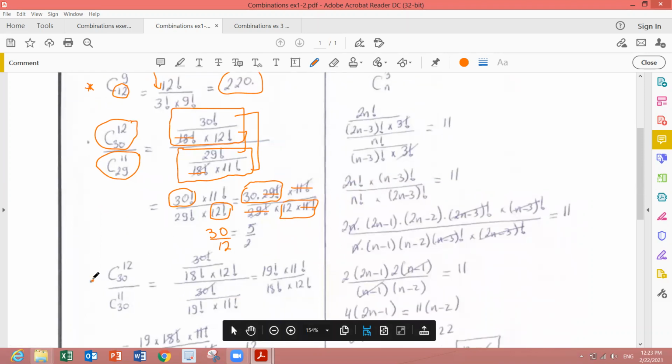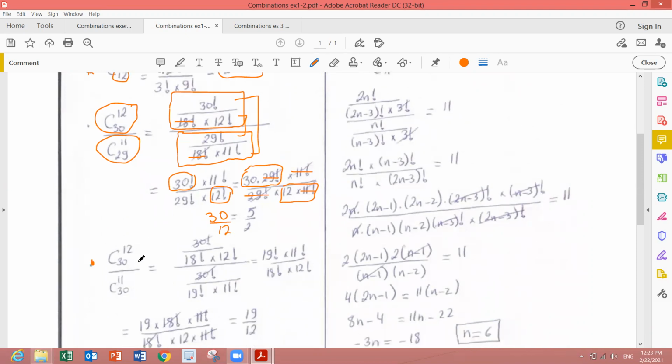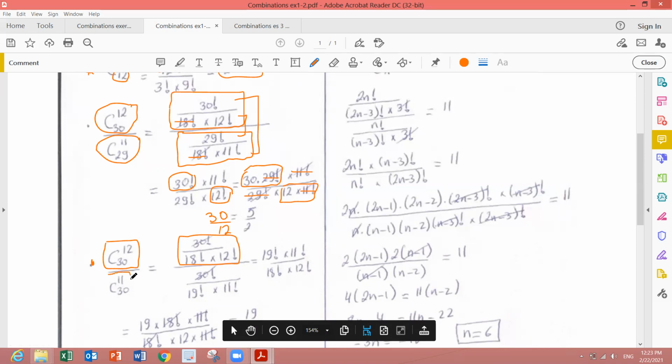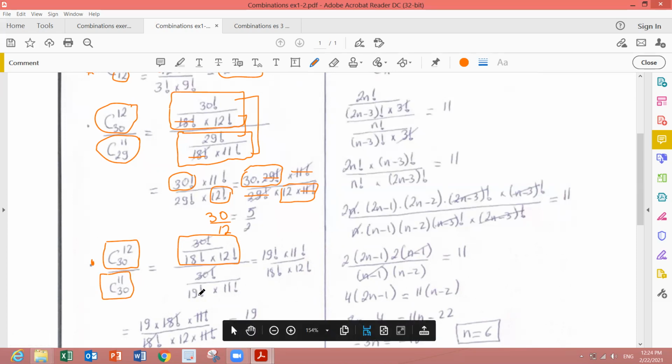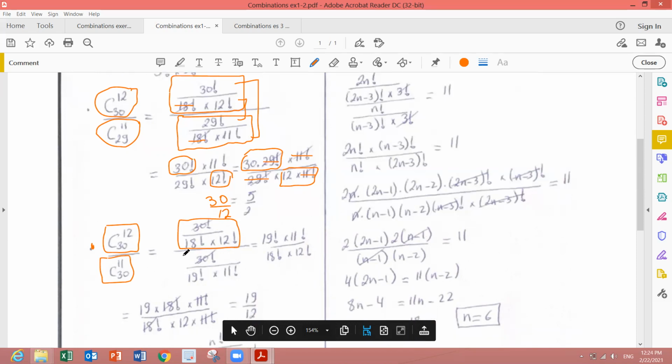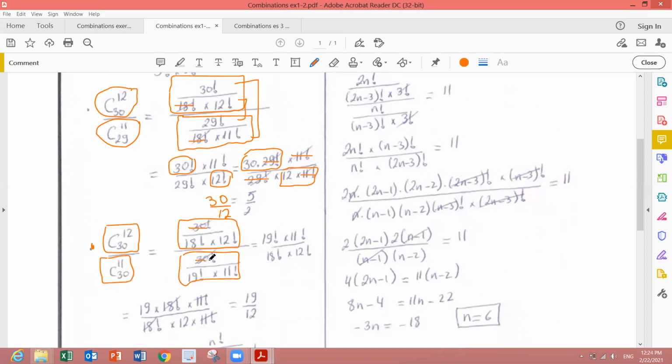Example 4. 30 choose 12 is 30 factorial over 30 minus 12 is 18 factorial times 12 factorial. 30 choose 11 is 30 factorial over 30 minus 11 is 19 factorial times 11 factorial. 30 factorial with 30 factorial remains 1 and 1.